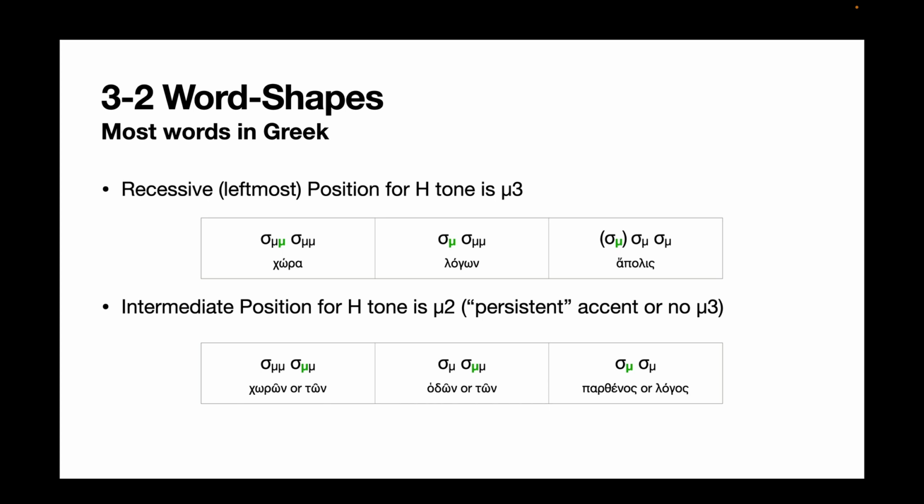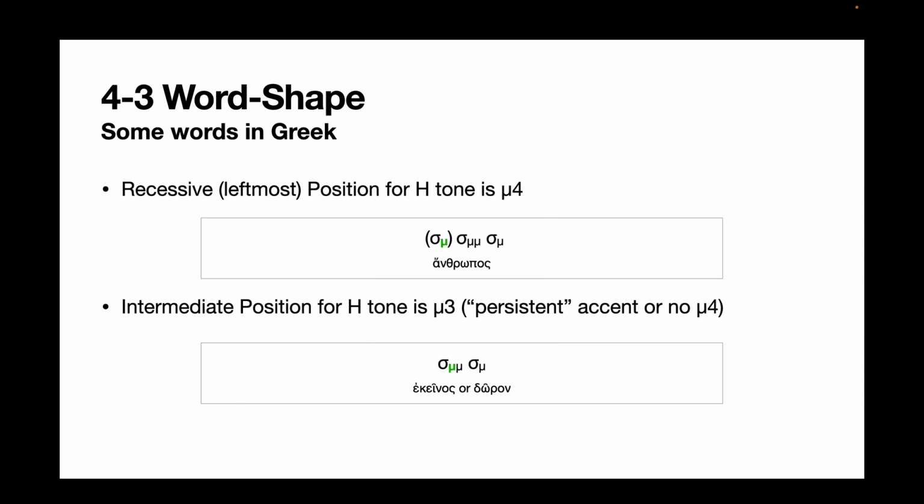This is the second or intermediate position for the high tone. I've given you examples, both examples that have plenty of syllables and morae, and then examples where the word is just too short to have any longer mora. But the point is that we've got only 2 real possibilities here in terms of recessive and intermediate accentuation.